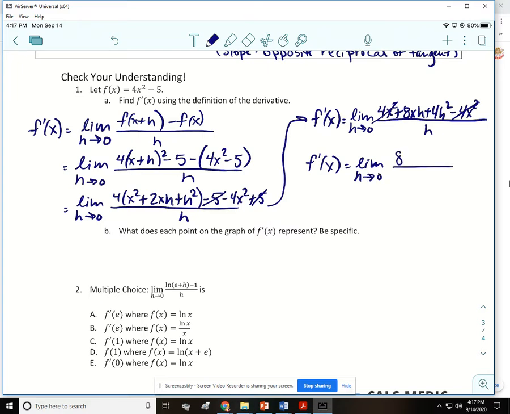So then we have 8xh plus 4h squared over h. Alright, and then I know an h can cancel out. So then, once that h cancels out at the bottom, I can go ahead and put 0 in for my h. This is 8x plus 4 times 0. Or, finally, my derivative function is 8x.